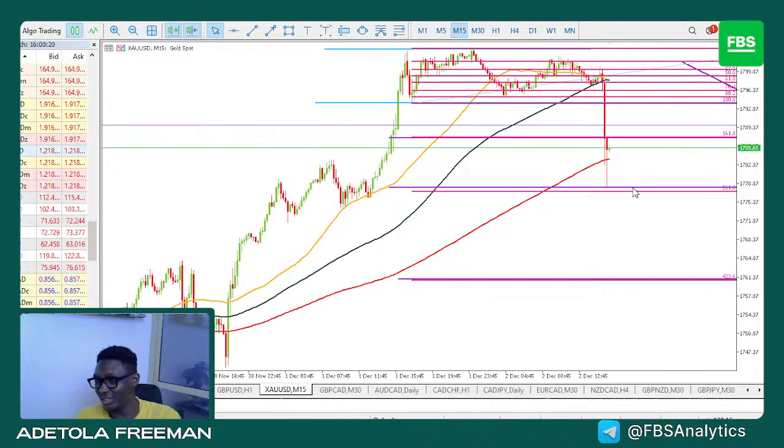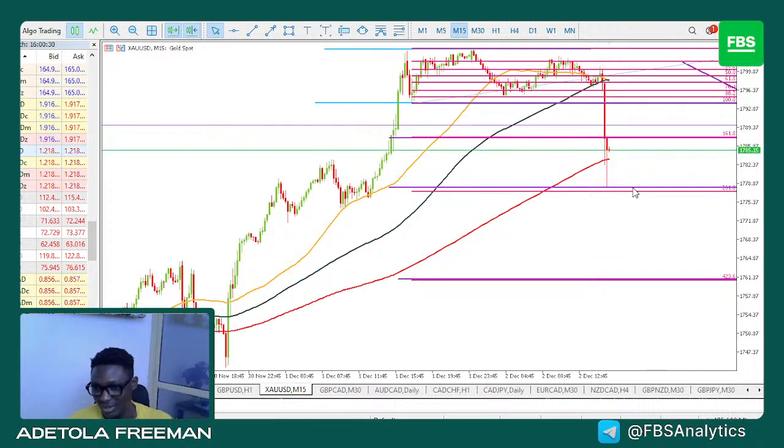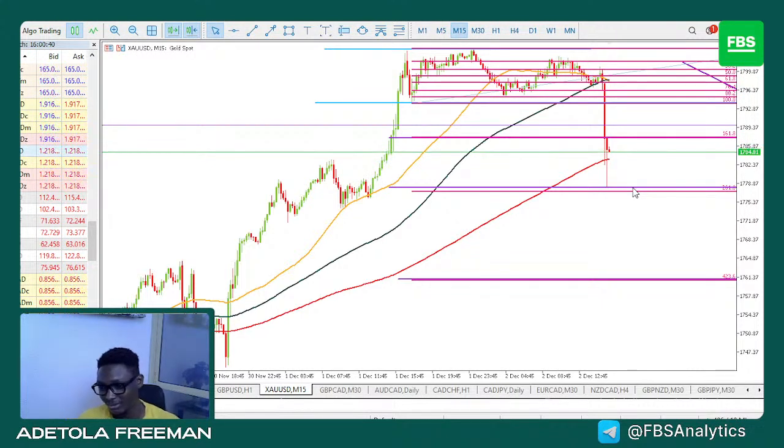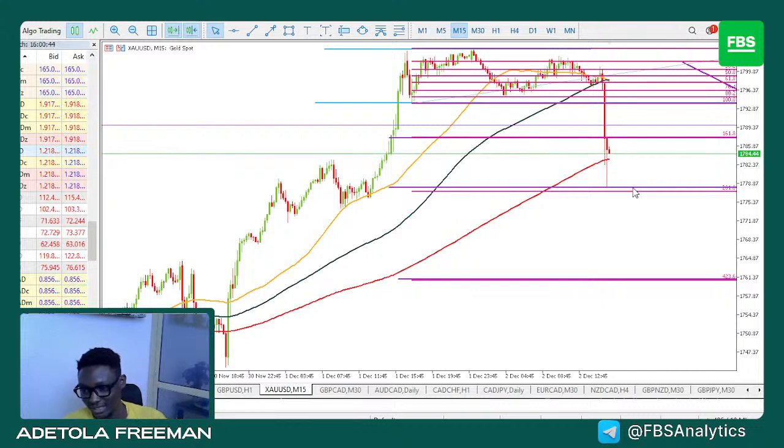It doesn't mean that the trend has changed, which was why you heard me say clearly, if you have a large position open, take partials. I think I mentioned that about 10-15 minutes ago. Take partials, and then move your stop loss to break even so that the trade can just play out of its own accord. I believe that has settled it.